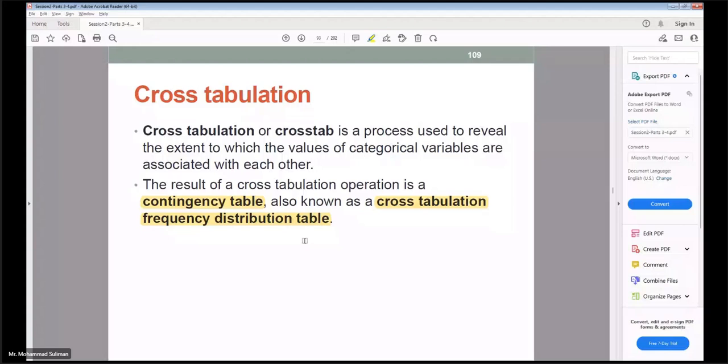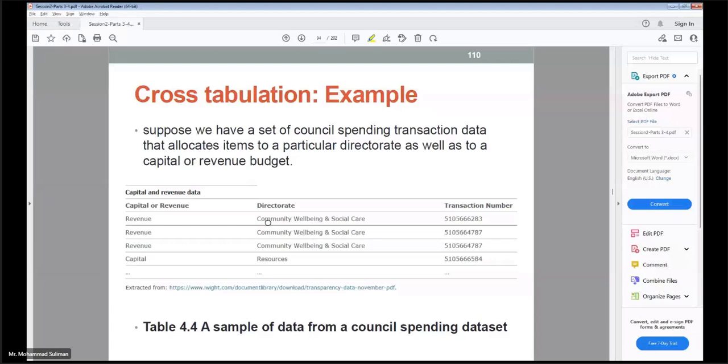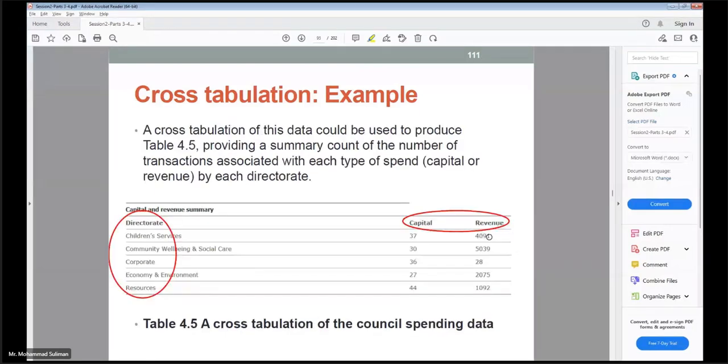Okay, for example, take this table of capital and revenue data for each directorate, with their transaction numbers. Every directorate in the ministry will have some revenue and some capital with transactions. A cross tabulation can be generated for this to see the total number of capital and the number of revenue transactions by each directorate.